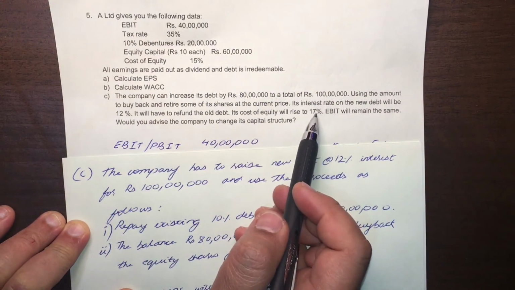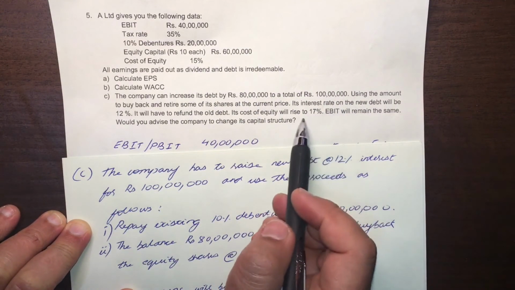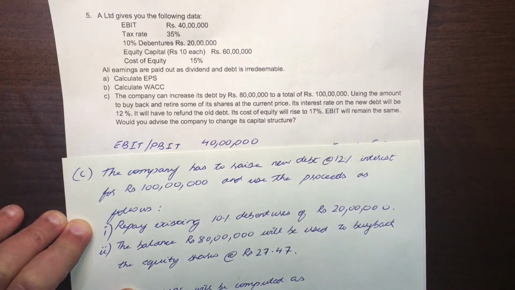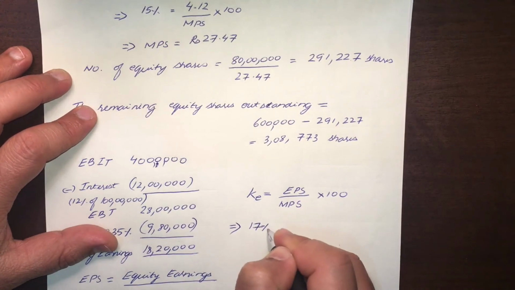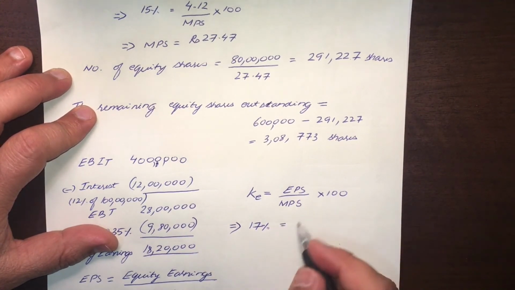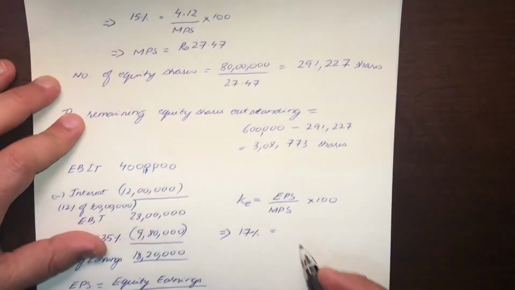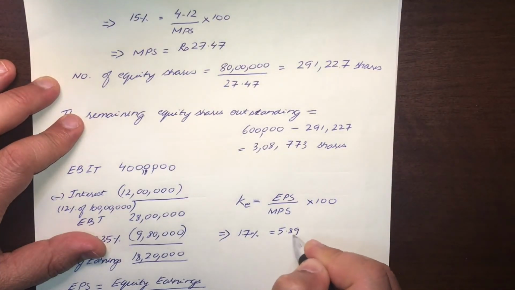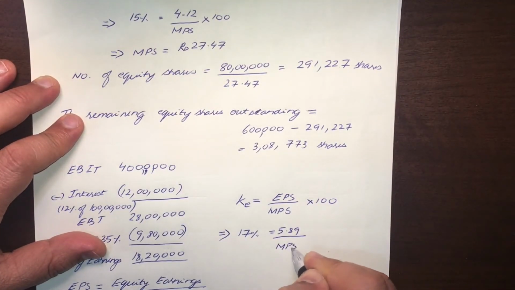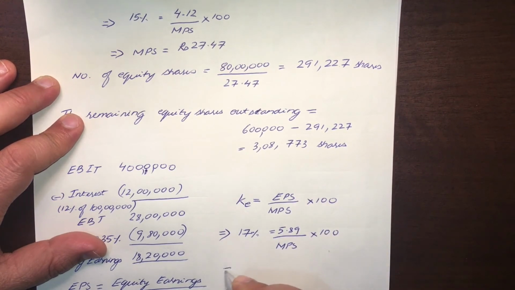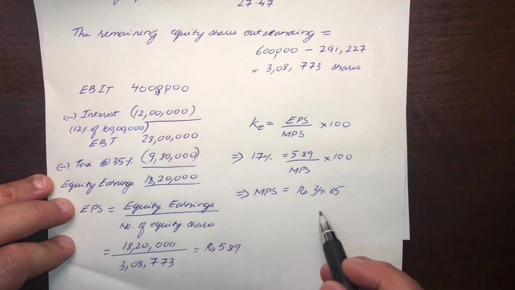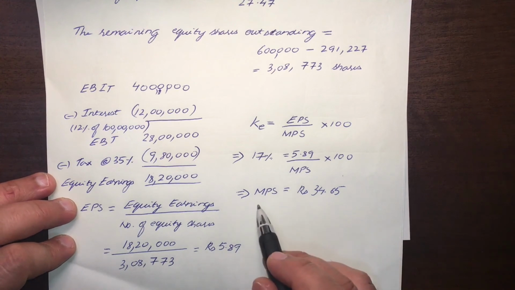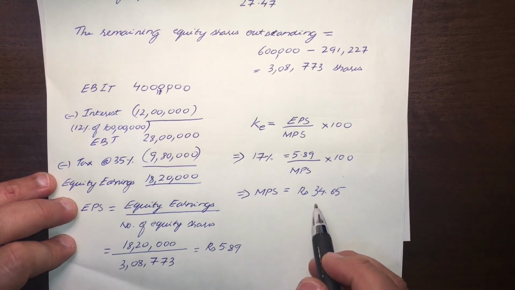Now because you have taken a loan of 1 crore, that cost of equity will rise to 17%. So KE will be 17% equal to EPS, which you already found out, 5.89. Market price per share we don't know. You have to find out. So market price per share, if you calculate, it'll come to 34.65. All right.